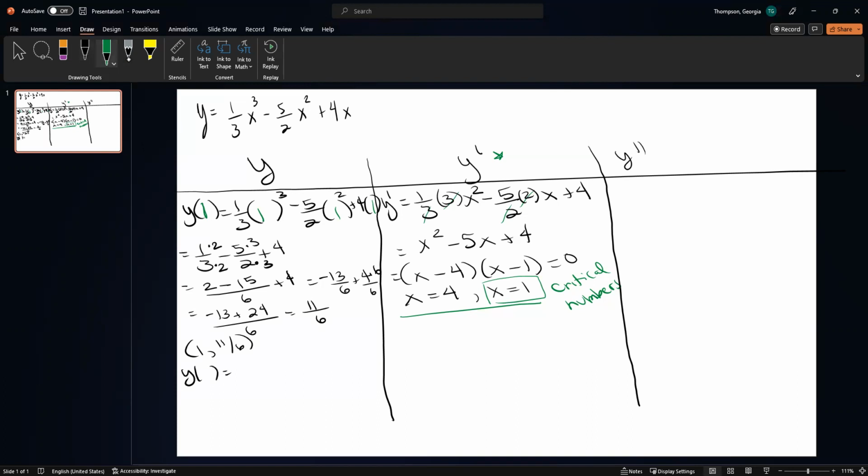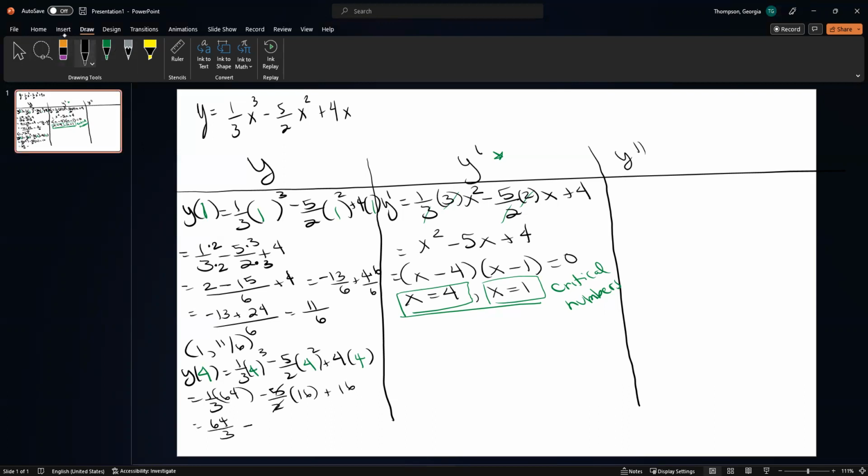And then now I'm going to do everything but with 4 to find my y for this x equals 4 critical point. So let's go in and put in my original, not my derivative. This is my original. Notice I'm in the first column here. Okay, then I will get 64 over 3 minus, these cancel.